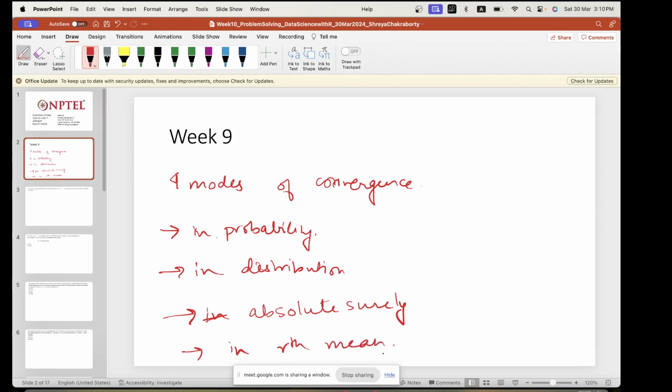Out of these we discussed convergence in probability. Out of this we discussed this in detail, convergence in probability.